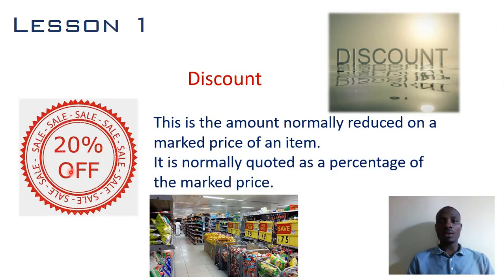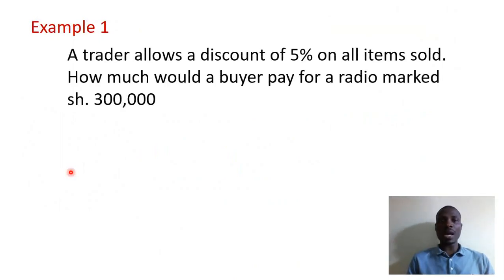Let's go ahead and look at some examples. Example 1. A trader allows a discount of 5% on all items sold. How much would a buyer pay for a radio marked 300,000 shillings?